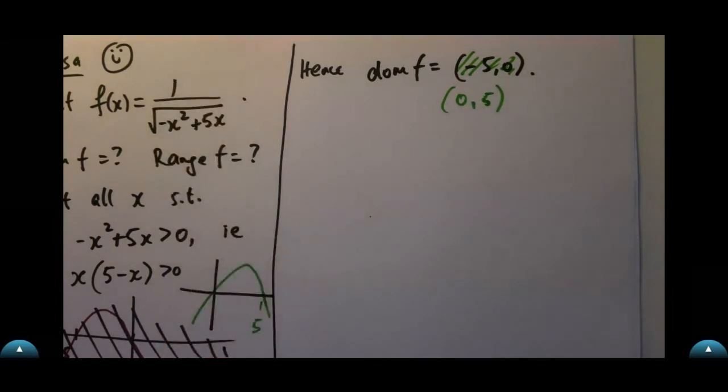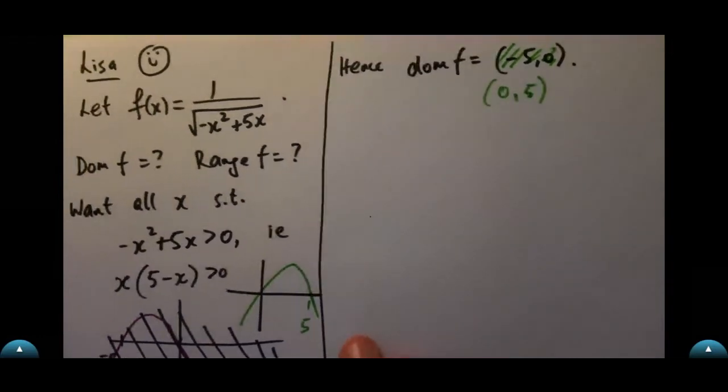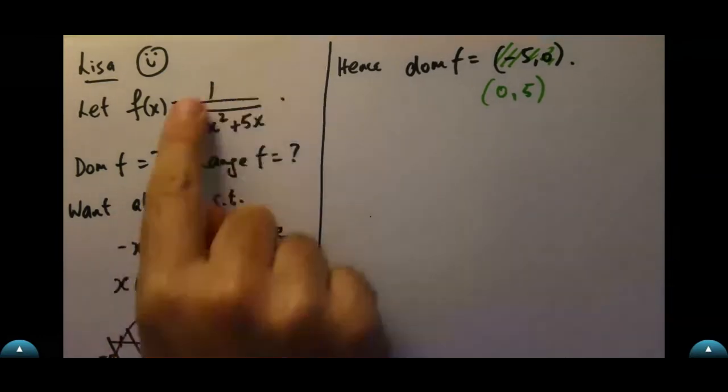All right, so what about the range? This goes back to your original question, Lisa. So how can we compute the range? Anybody want to suggest something to Lisa in the chat? Let's have a look at the output.